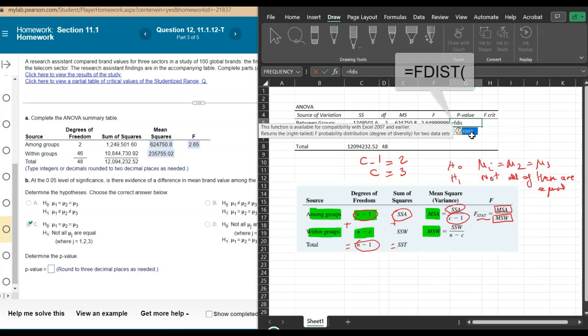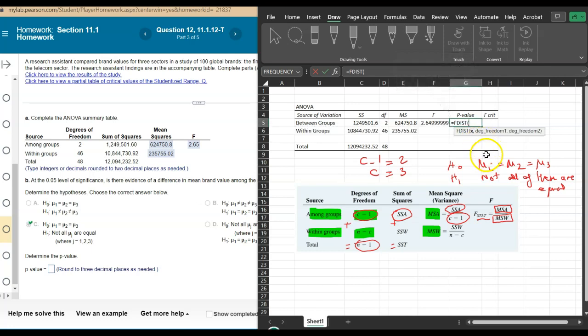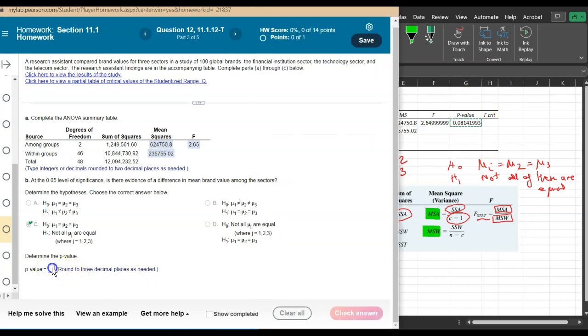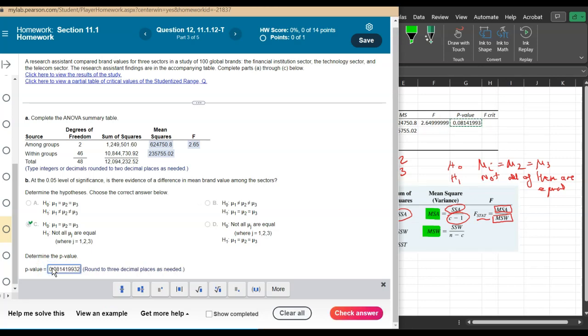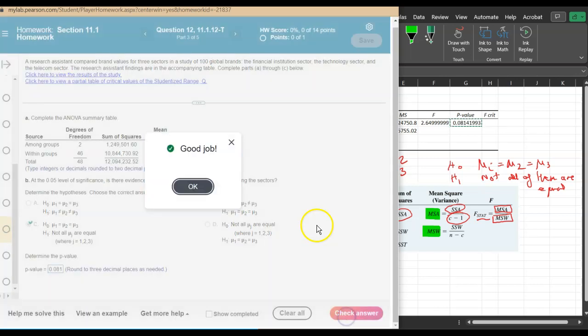Just FDIST as one word. Then I input the x, which is the F value, comma, degree of freedom 1, which is 2, comma, and degree of freedom 2, which is 46 in this case. Close the parentheses, enter. That should be your p-value. Copy it, paste it, and round to 3 decimals. Okay, good.